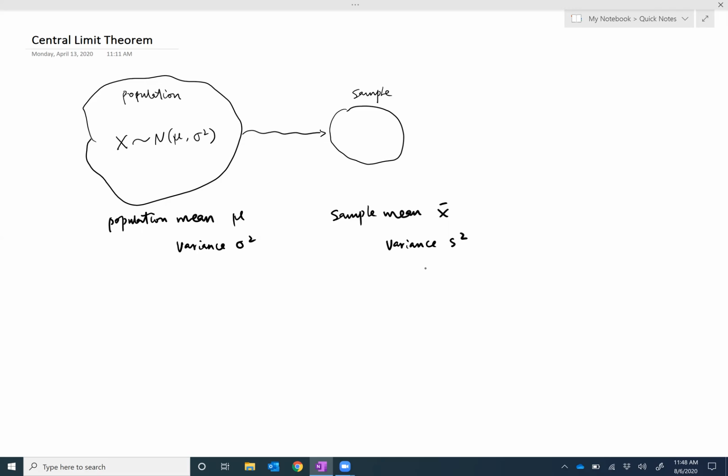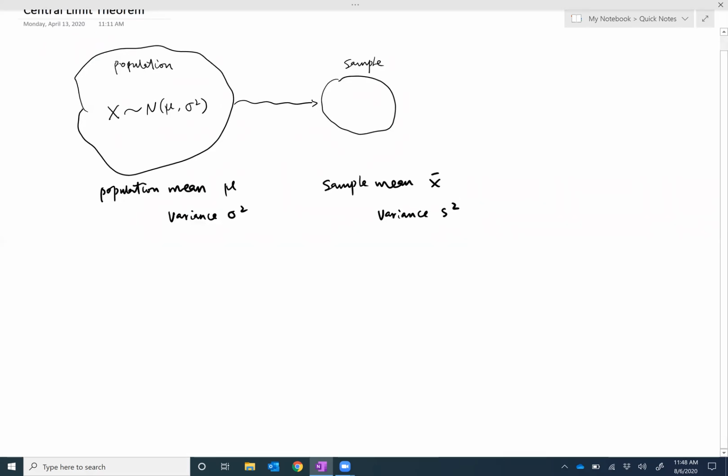Now if we draw samples randomly from the population, for example, we have the first set of sample x11, x12 to x1n, and this is our first sample from the population. Then we will have x1 bar.